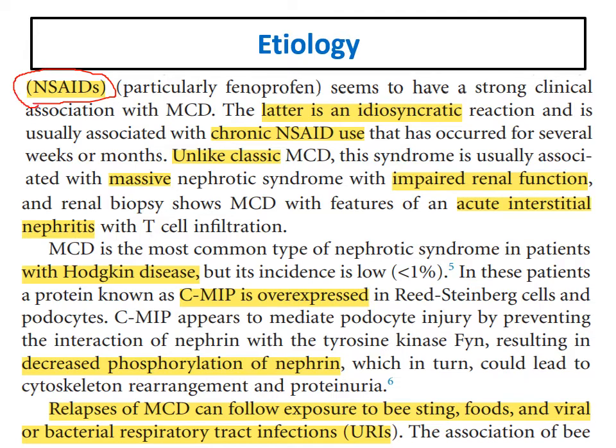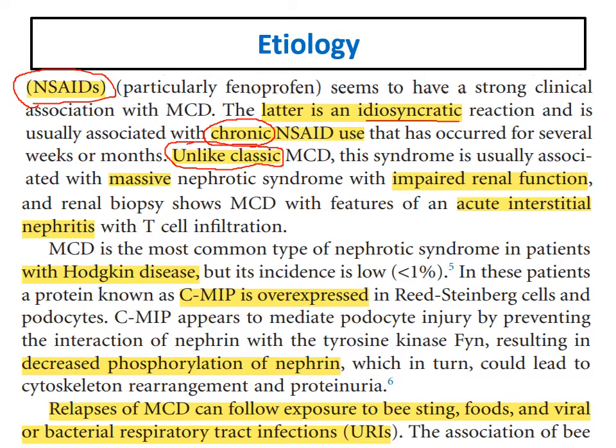In non-steroidal anti-inflammatory drugs causing secondary minimal change, it usually happens as an idiosyncratic reaction to NSAID. It is usually followed by chronic use of NSAID, not acute use. What is peculiar to that secondary minimal change caused by NSAID?